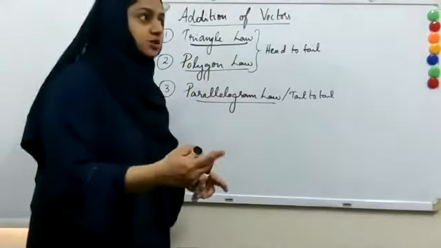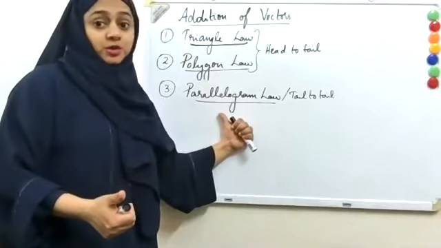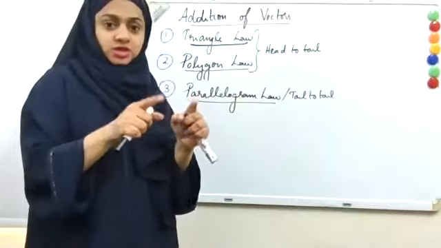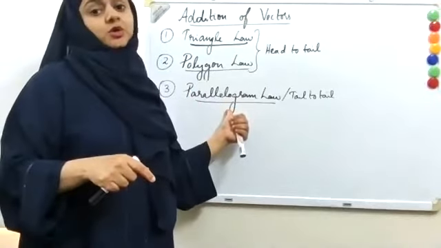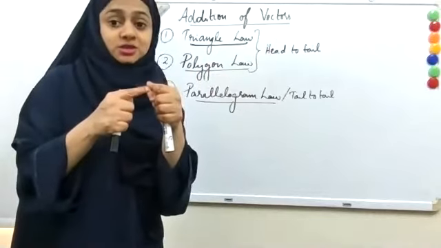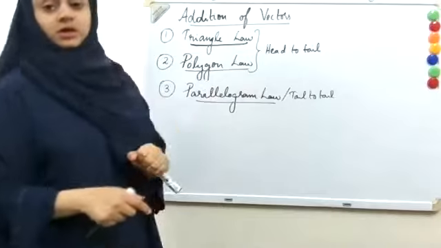Often I find that students get confused about where to use the triangle law and where to use the parallelogram law. If the tails or the heads are touching each other, you have to use the parallelogram law. And if the head and tail are touching each other in a diagram, then you have to use the triangle law.